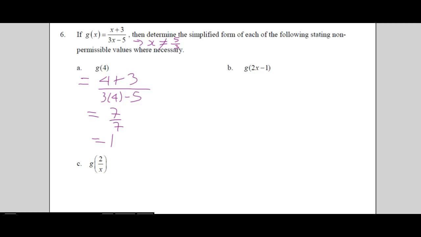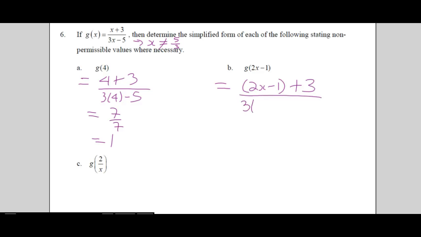What do you do with the 2x minus 1? You're going to end up with another expression with an x in it. So you say, everywhere I see x, when I do that replacement, I like to put this in parentheses and say, that was the x there.